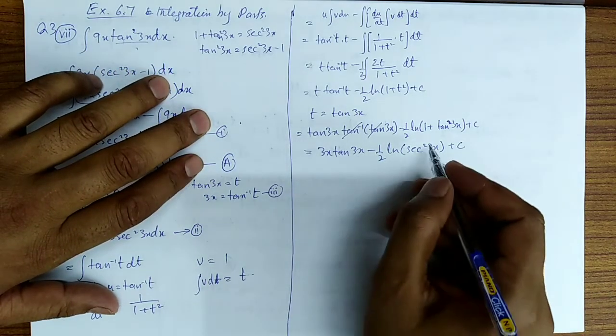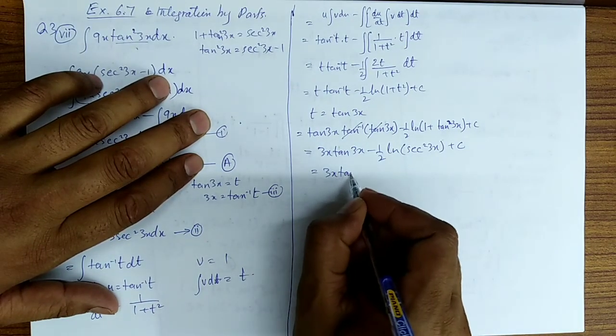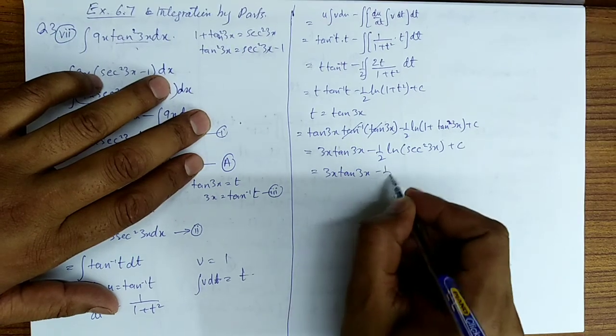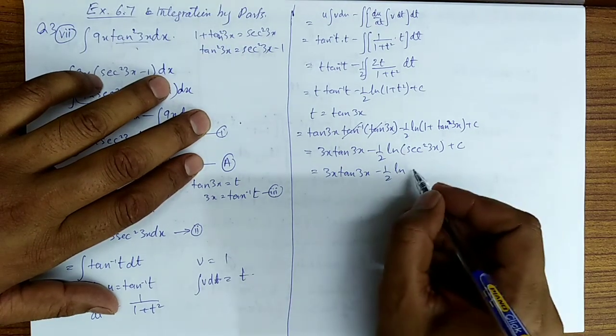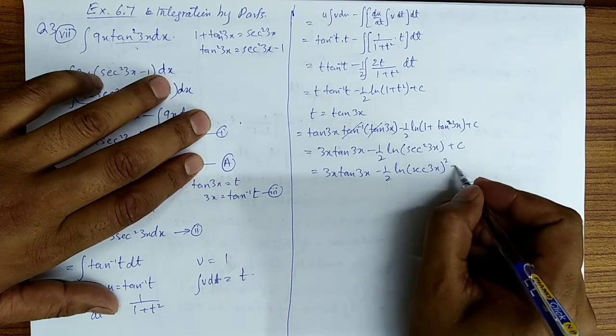So finally we can remove this square as a whole: minus 1 upon 2 ln sec 3x plus c.